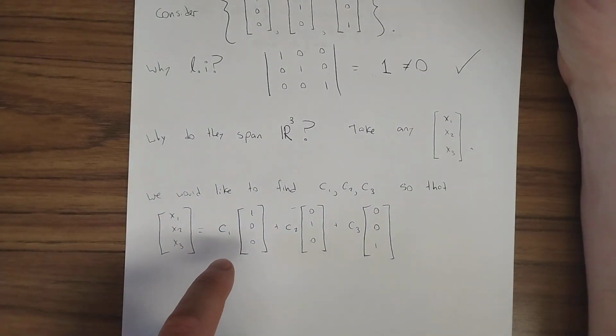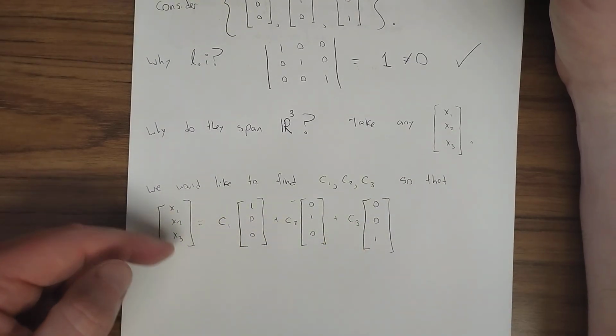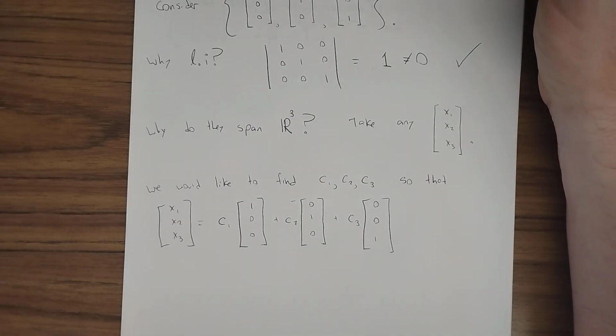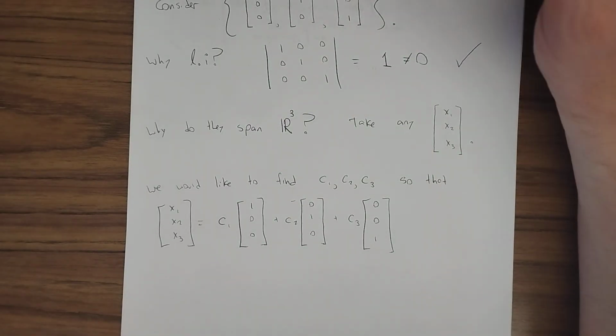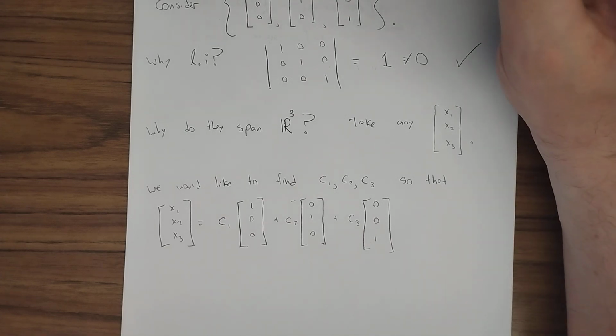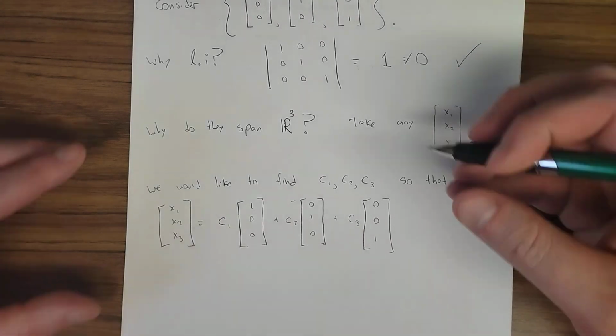As long as I can find C1, C2, C3, possibly and likely depending on x1, x2, x3, to satisfy this equation, no matter what x1, x2, x3 are, that's checking that these span my vector space.